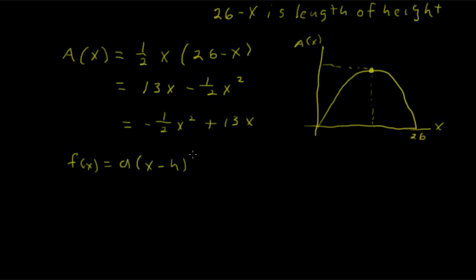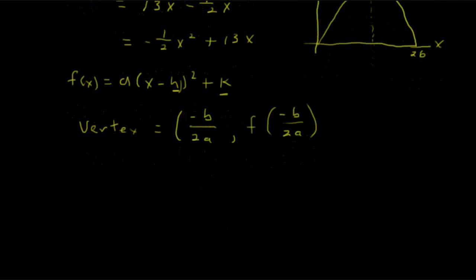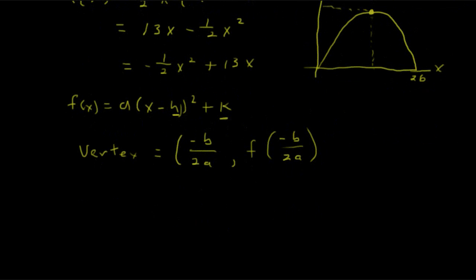One is if we could put our function in this form: A equals a times (x minus h) squared plus k. The h and k tell you the x and f of x values of the vertex. But a simpler way is to just use minus b over 2a for the value of x, and for the function value, you just replace that x value in the function.